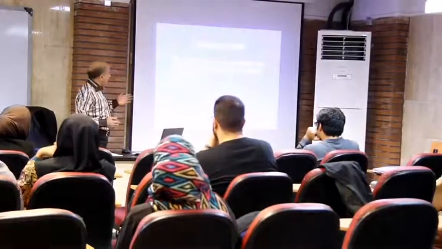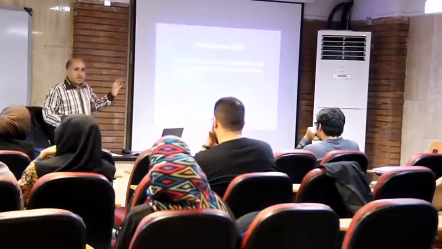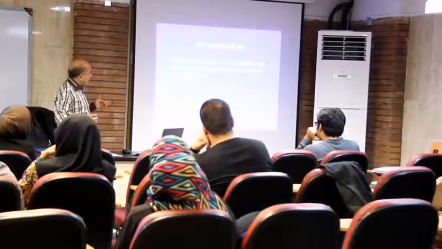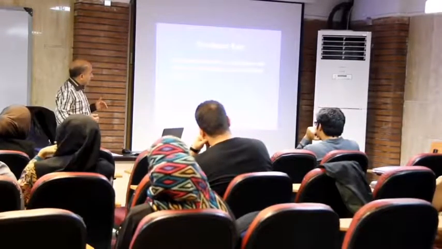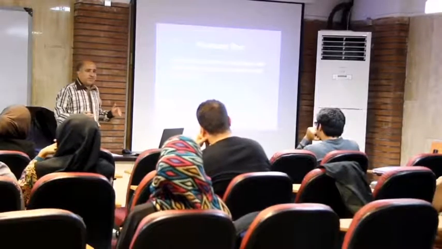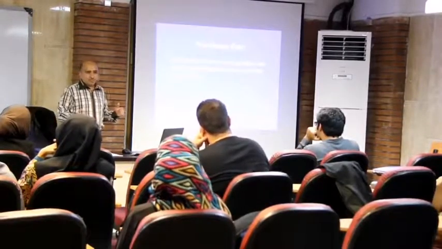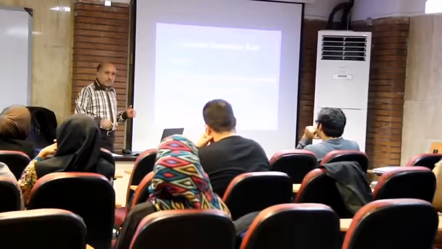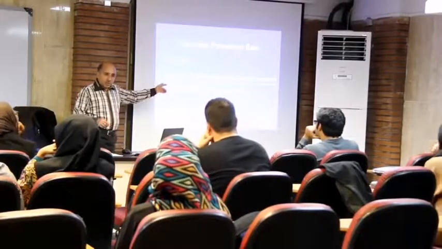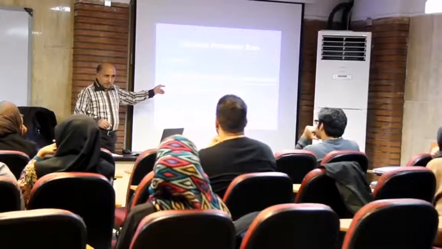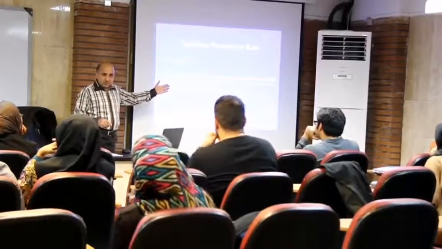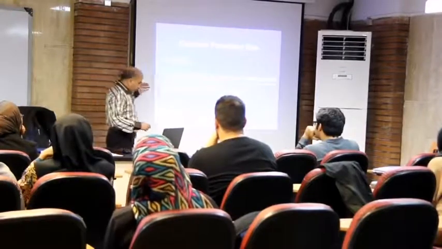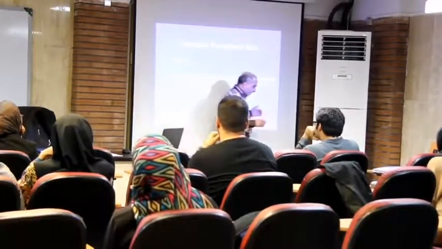As you can see here, prevalence rate means the proportion of persons in a population who have a particular disease over a specified period of time. What does it mean? In epidemiology, we have a formula for prevalence rate.